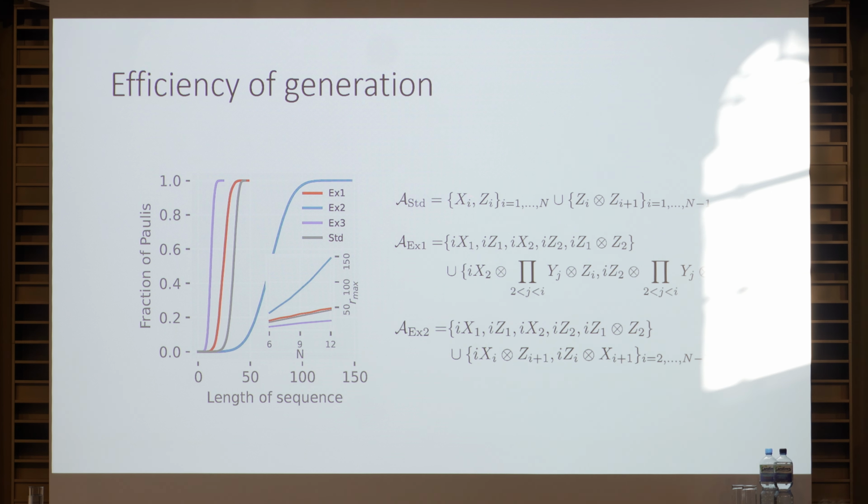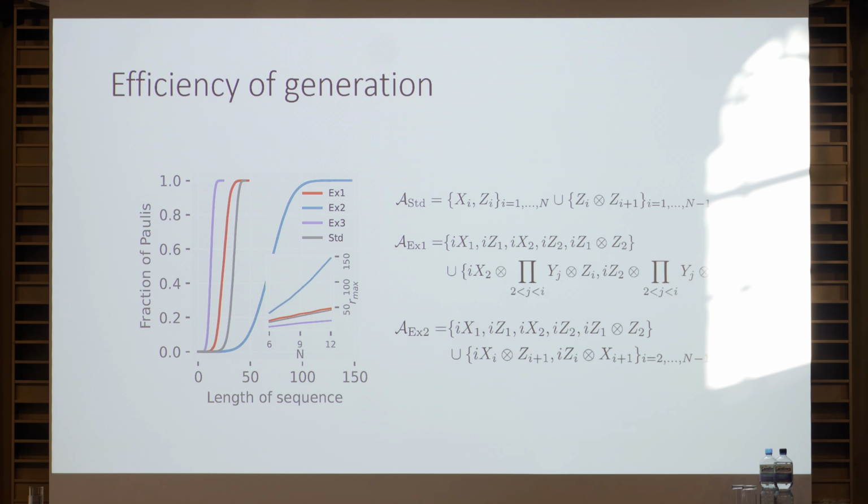So these are three sets, where the top one is what we would call the standard gate set of quantum computing, where you have nearest neighbor interactions. And this is not minimal. I think this is not minimal. No, it's not, because you have all local ones. So it's not minimal.